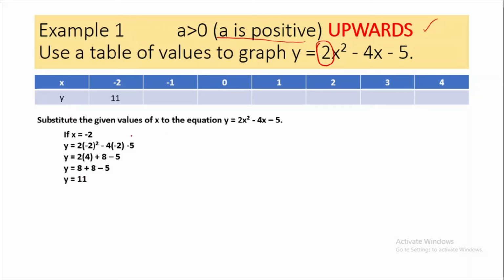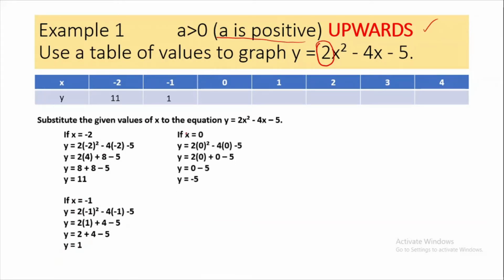From here, we just need to solve for x equal to -1 and so on. If x is equal to -1, substitute, and we have y equal to 1. If x is 0, y is -5. If x is 1, y is -7.